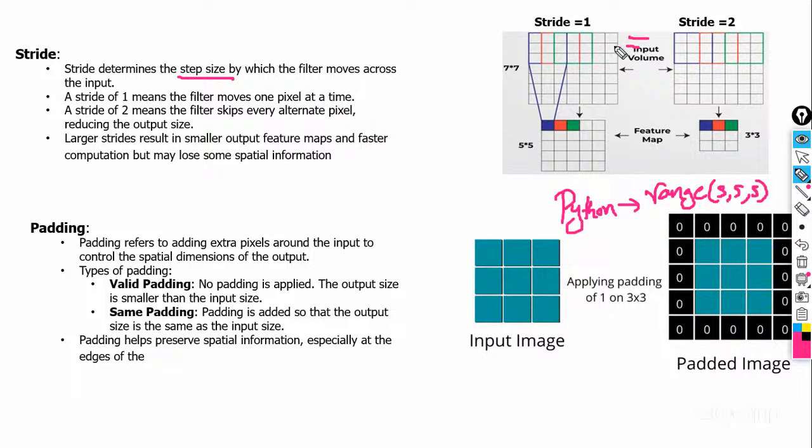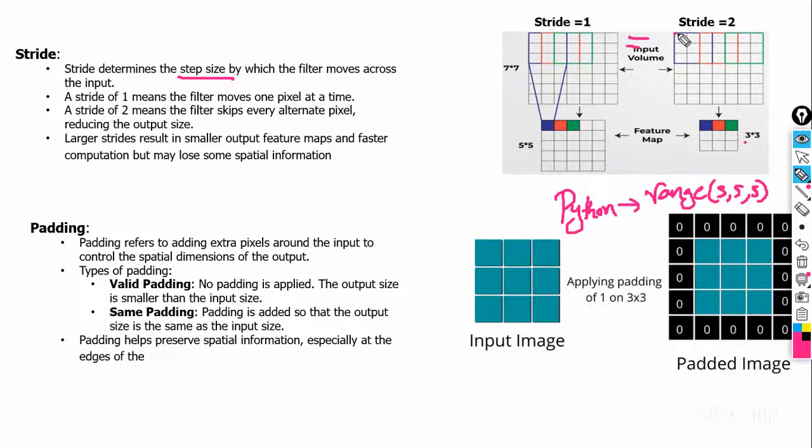What is stride 2? What is the filter that I'm taking here? Initially I had a 7 by 7 input image, where I'm taking my filter size as 3 by 3.